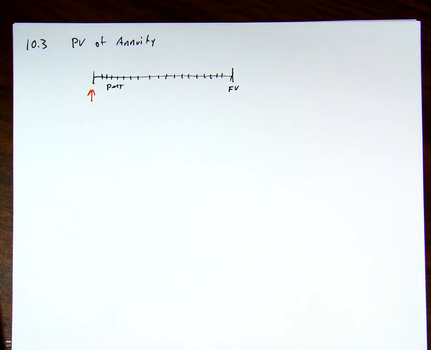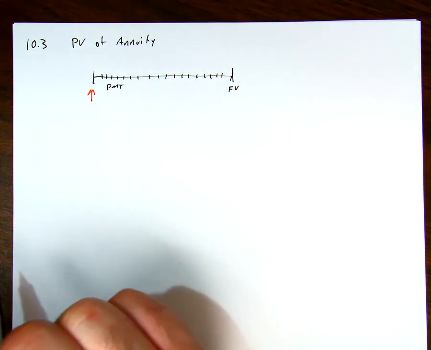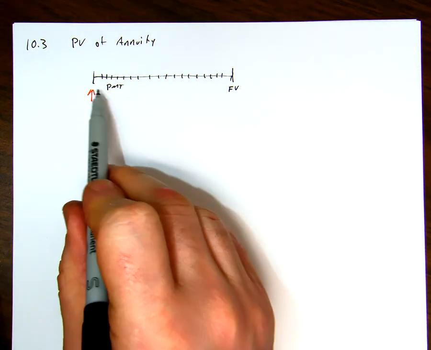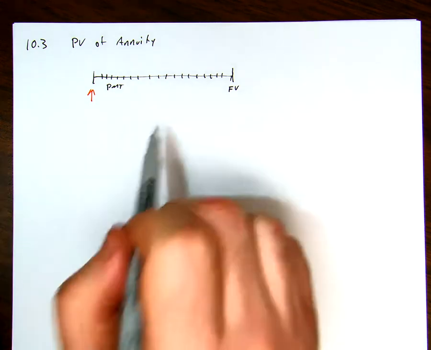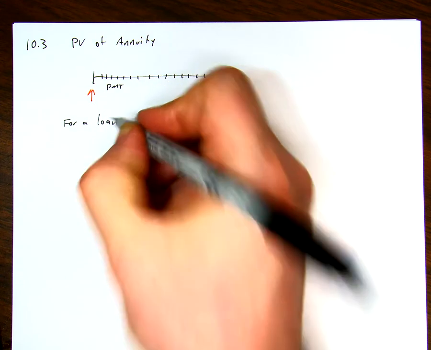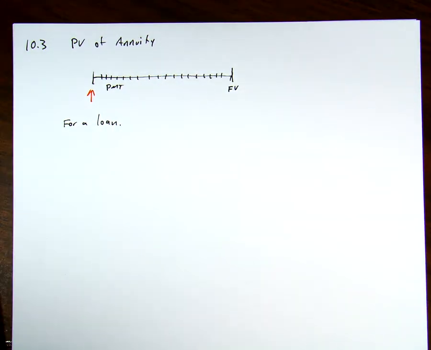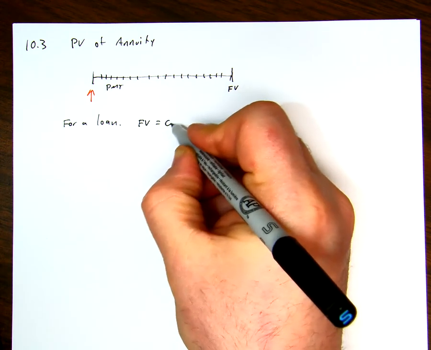Well, a lot of times what we're looking at is an amount of money that we're going to need to get to a certain future value, or an amount of money that we've borrowed and an amount of payments to get to a future value. So if we're looking at a loan, once the last payment of a loan is paid, the future value is 0.